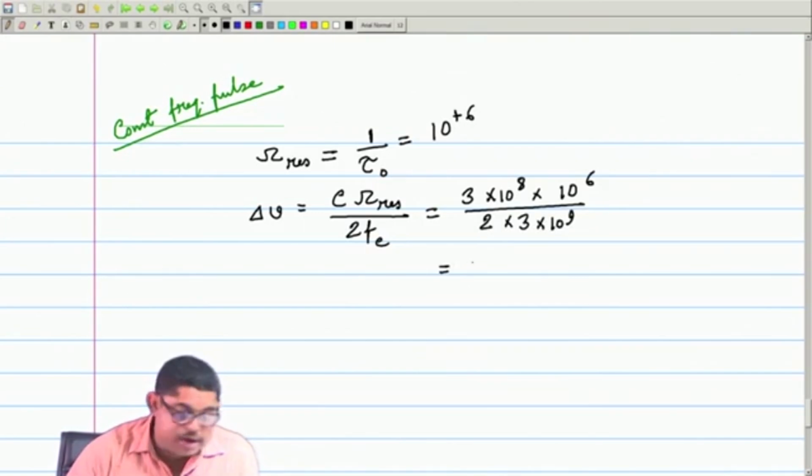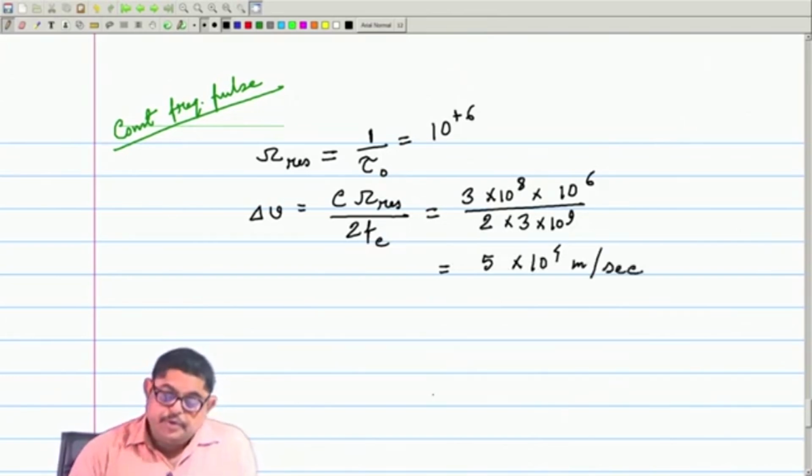So, that will be 5 into 10 to the power 4 meter per second.